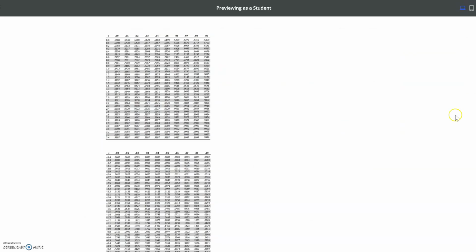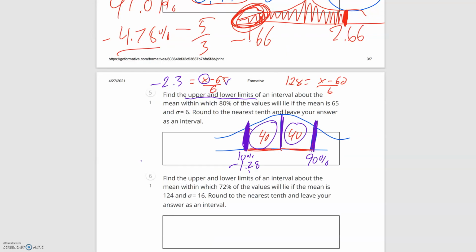That should make sense, because if it's the same standard deviation to the right and to the left, you're going to get the exact same value, positive and negative 1.28. So you don't have to find both of them, just one of them.